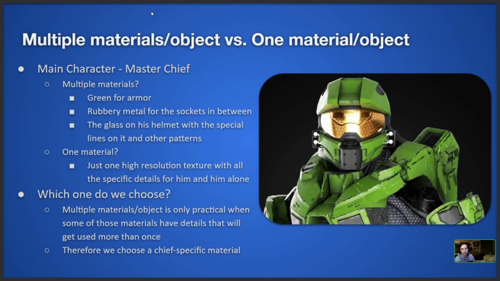Like this yellow-orange glass visor, which is definitely just a repeating hexagon pattern assigned to that surface. If you wanted to, you could reassign it to any surface on Master Chief, and it would work perfectly. That's when you make a material like that.